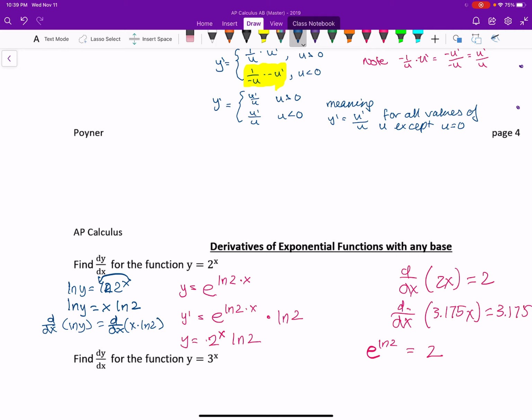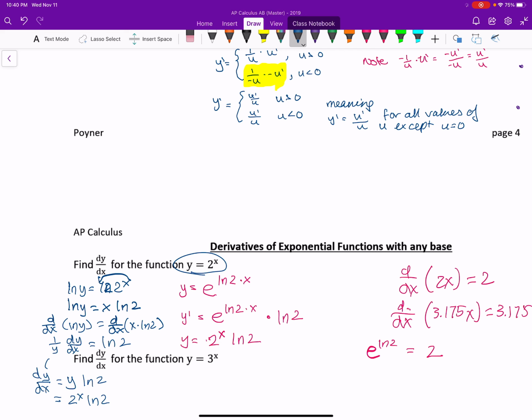So in this case, on the left, we get 1 over y dy dx is equal to, and on the right, it's just going to be the natural log of 2. So then, I'm running out of room here. This is going to give me dy dx is equal to y times, I'm multiplying both sides by y, the natural log of 2. But y is defined as, up here at the start, we defined y as 2 to the x. So it's going to be 2 to the x times the natural log of 2. So that's 2 ways of showing what the derivative becomes.